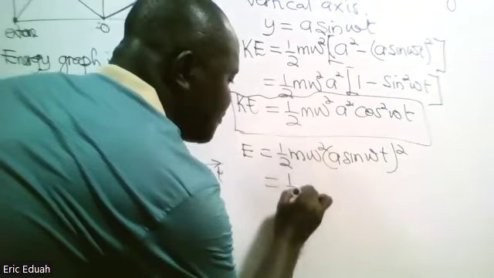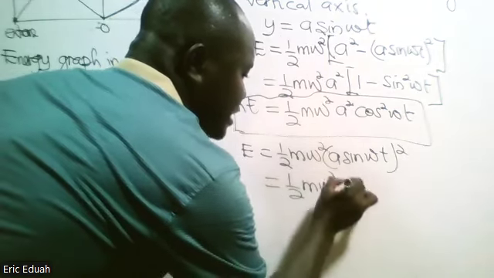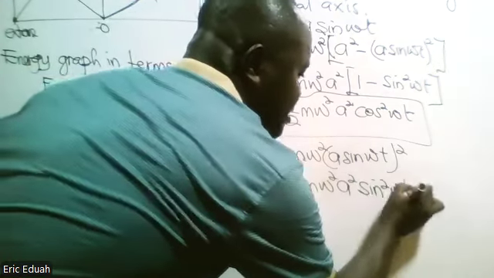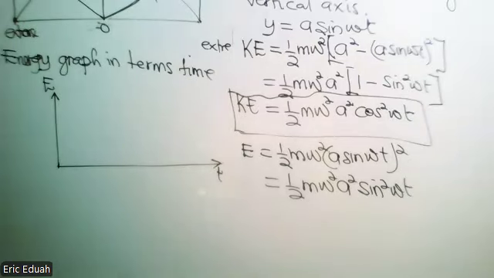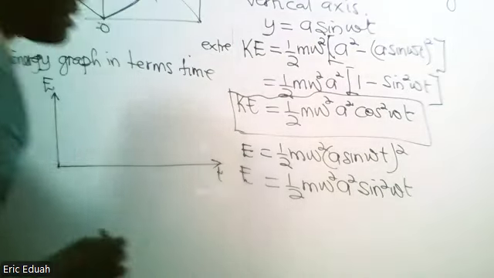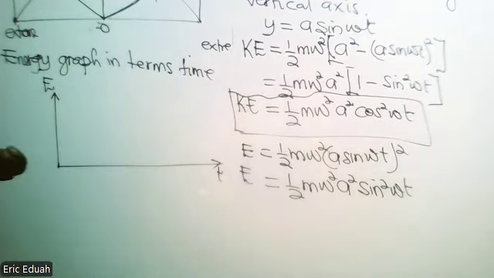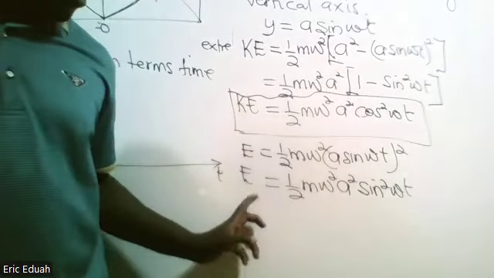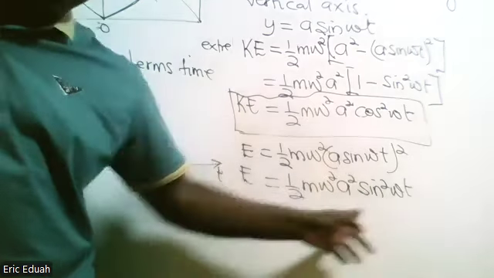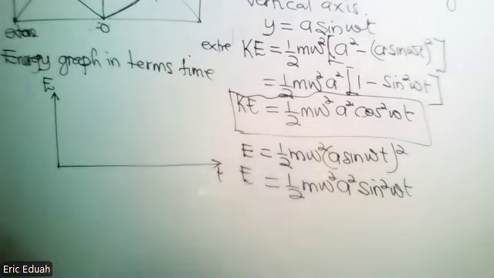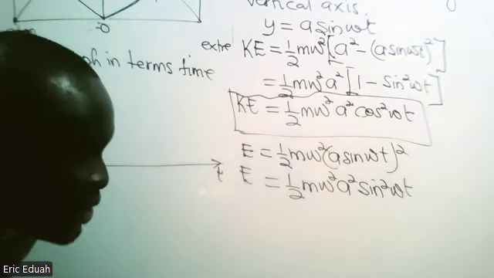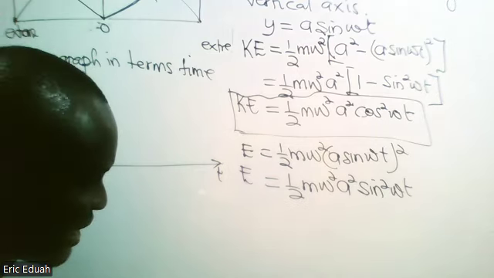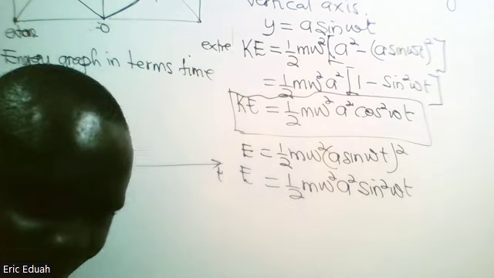So we have half m omega squared a squared sine squared omega t. It therefore means that the kinetic energy is in terms of cosine, whereas the potential energy is in terms of sine. So we'll use these two trig functions to plot energy against time.